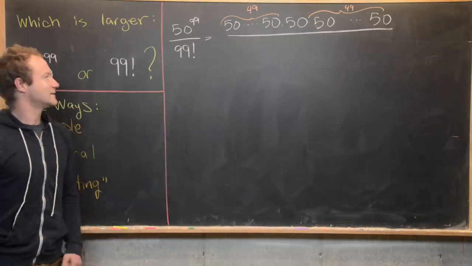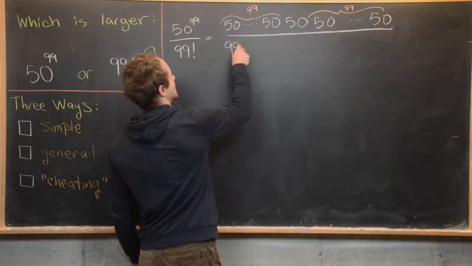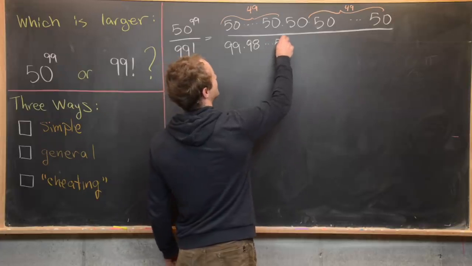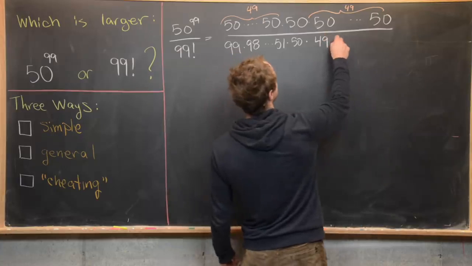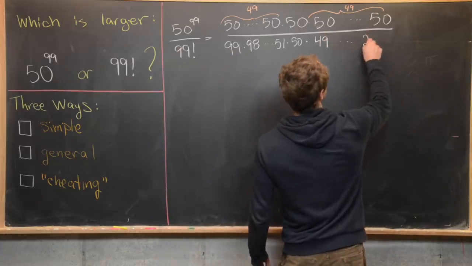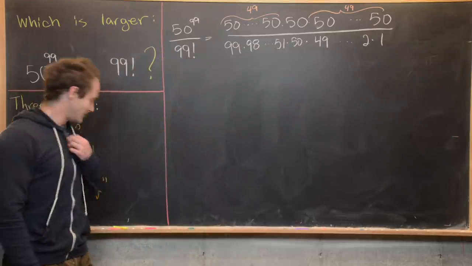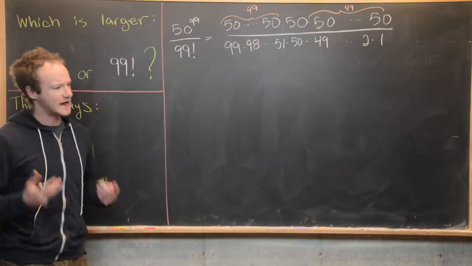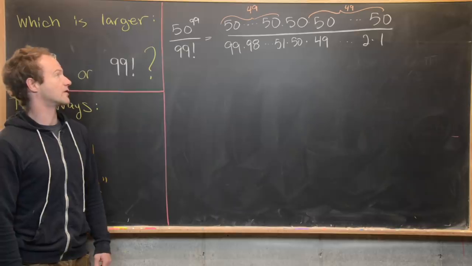Now we're going to do the same thing with 99 factorial. We're going to write that as 99 times 98 all the way down, with 51 times 50 times 49 all the way down to 2 times 1. Now I'm going to group these in a careful way so that I have parts which are clearly smaller than 1.